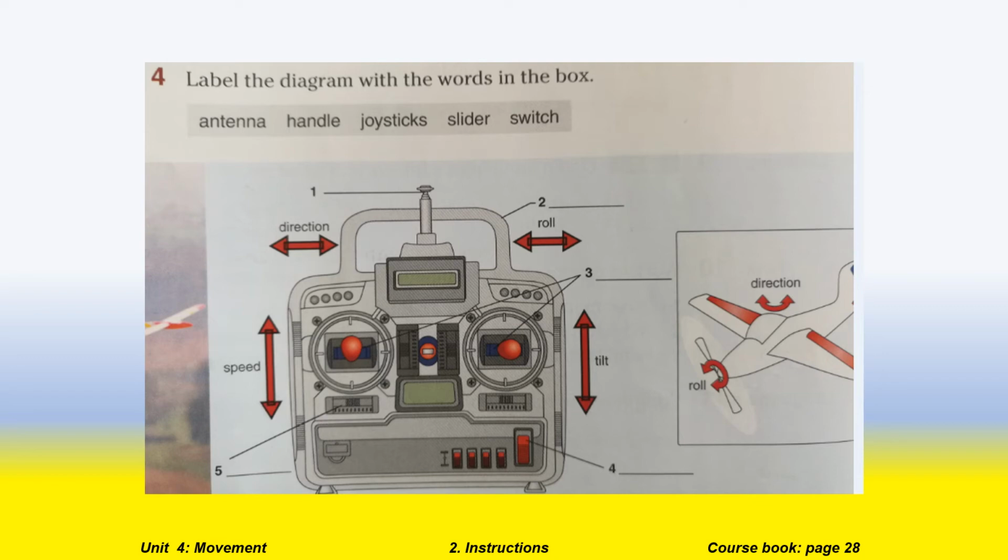Okay, now let's check the answers together. What is number 1? Very good, that's the antenna. Number 2, handle. Excellent. Number 3, these are 2, so these are the joysticks. Each one of them is a joystick.